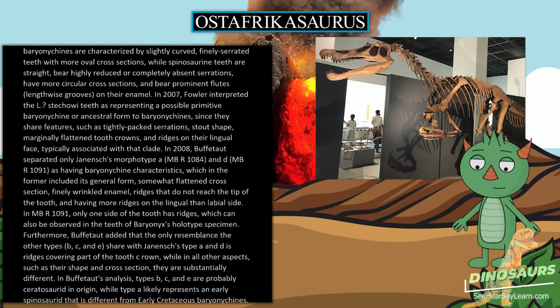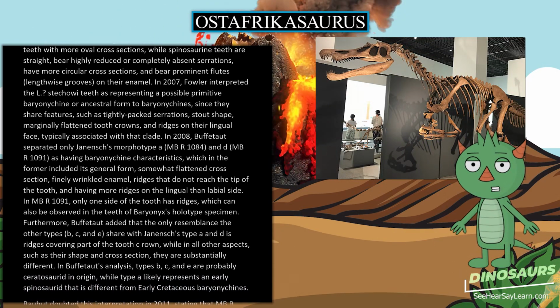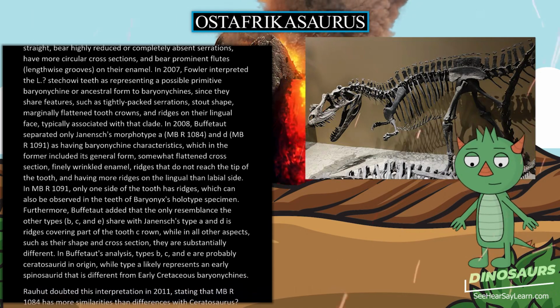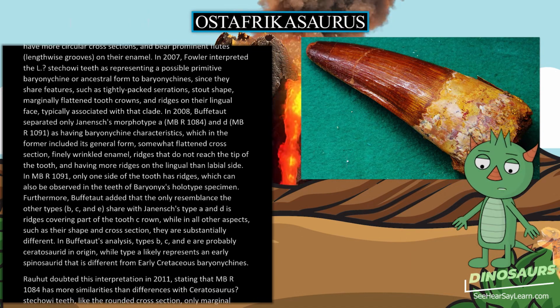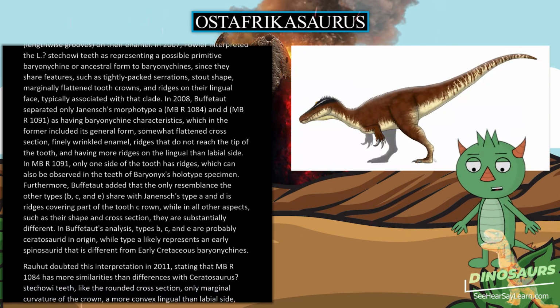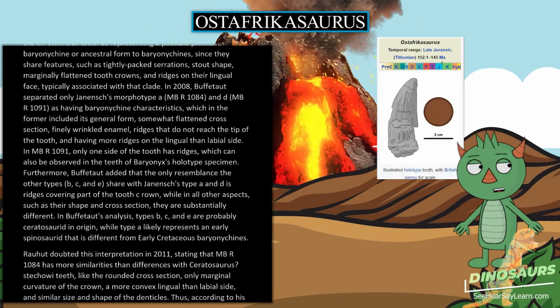In 2008, Buffetaut separated only morphotype A, MBR 1084, and D, MBR 1091, as having baryonychine characteristics, which in the former included its general form, somewhat flattened cross-section, finely wrinkled enamel, ridges that do not reach the tip of the tooth, and having more ridges on the lingual than labial side.